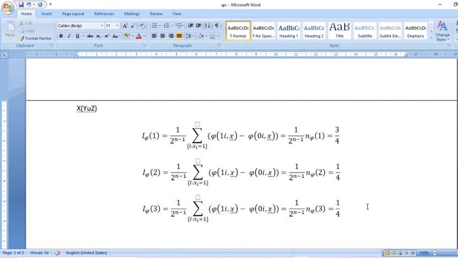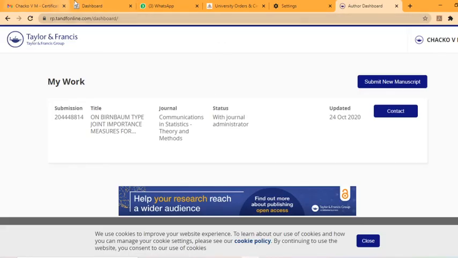I have proposed some joint importance measures for the binary and multi-stage system in my research. It is available in a book, Advances in Safety and Performance of Complex System. In that book, you can see those joint importance measures. Moreover, I have recently introduced some measures.